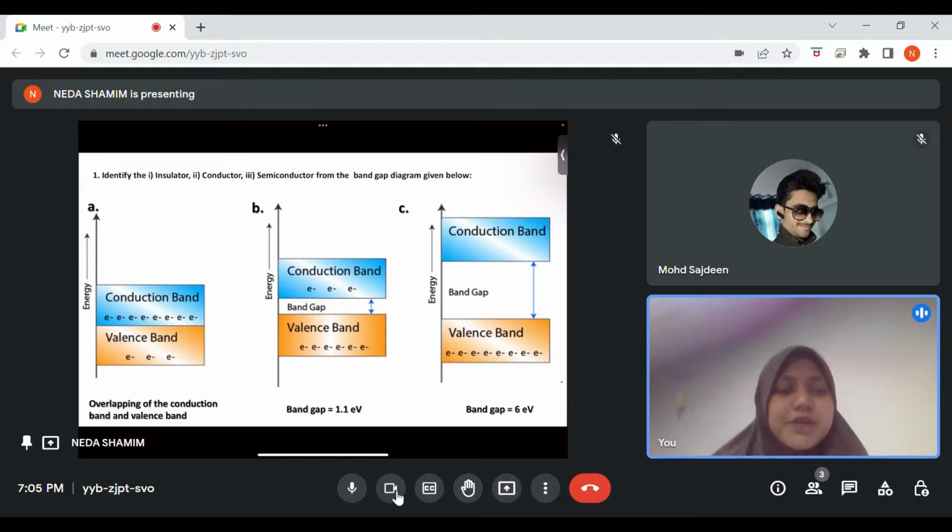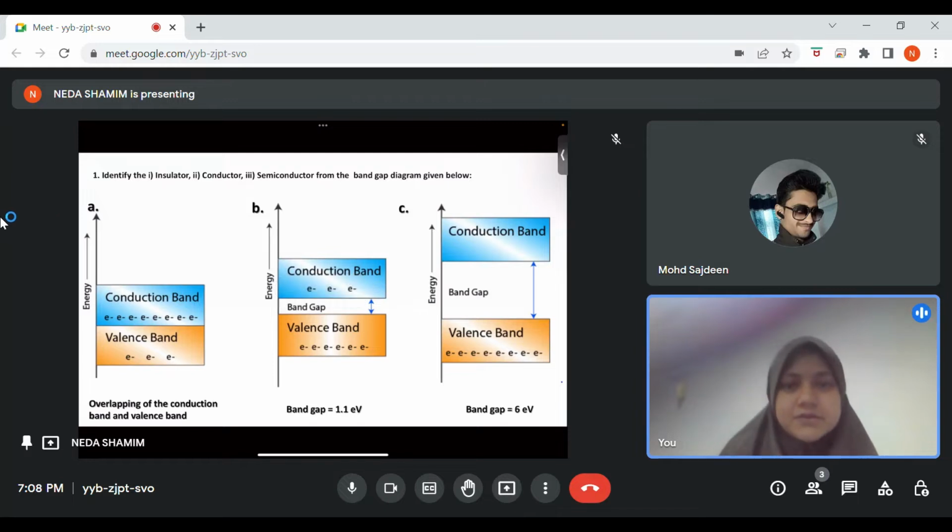So before moving on to semiconductor light sources and detectors, what do we have to do? We have to focus on the meaning of semiconductors and the band structure. How is it different from a metal or an insulator, and why is it called a semiconductor?